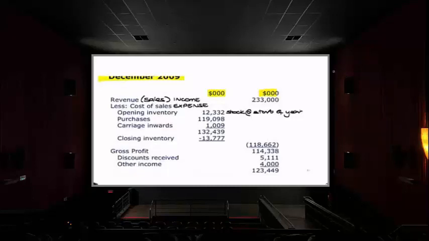Okay, so next thing we're going to have a look at then is purchases. Now if you purchase plastic or components for this calculator that you use in your manufacturing process, well, your purchases would be a cost to you in the year. So the purchases of goods, of materials, well, that would get added to your opening inventory.